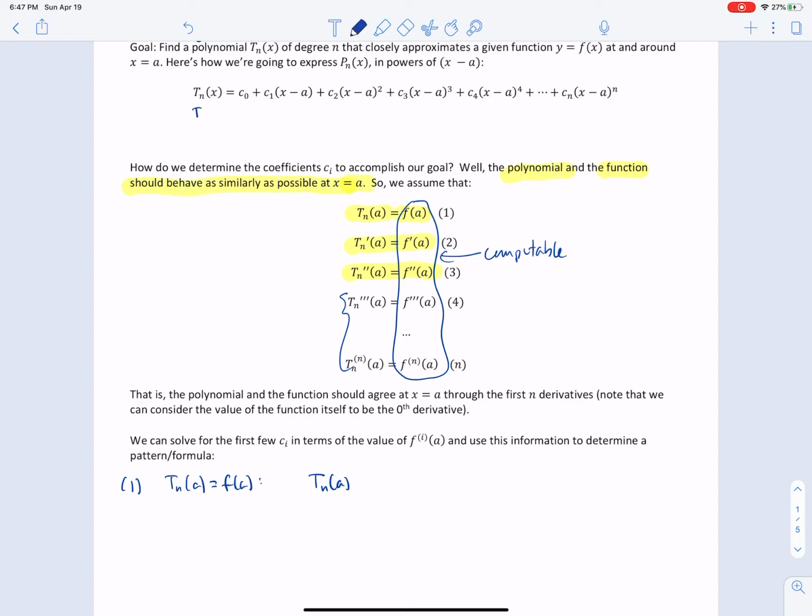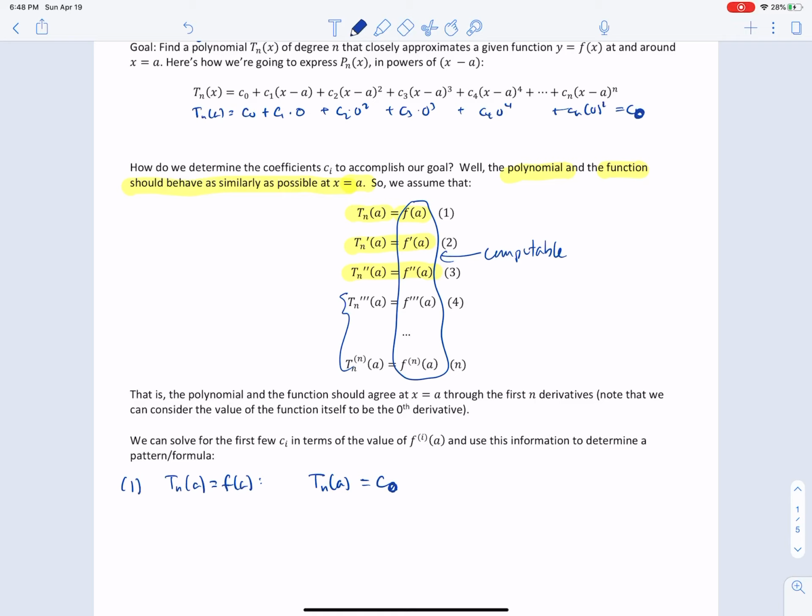T sub n of a is going to be c0 plus c1 times 0 when I put in a for x, plus c2 times 0 squared, plus c3 times 0 cubed, etc. So I'm getting a bunch of zeros except for the first term, and so T sub n of a is equal to c sub 0.